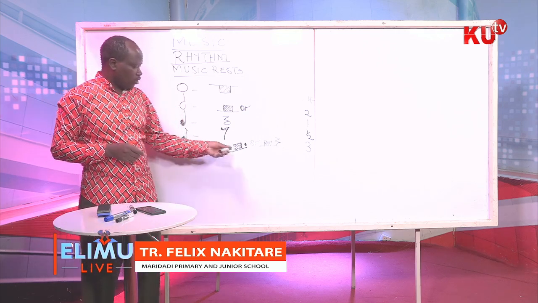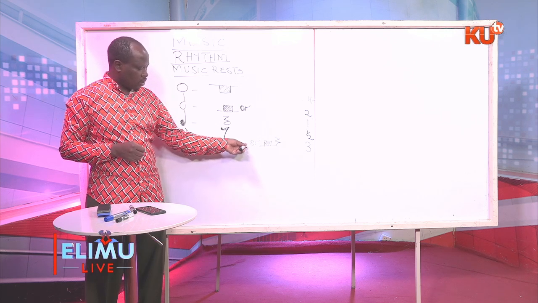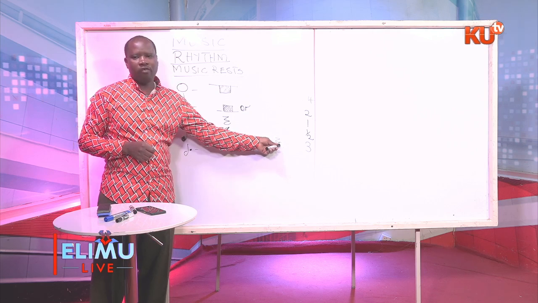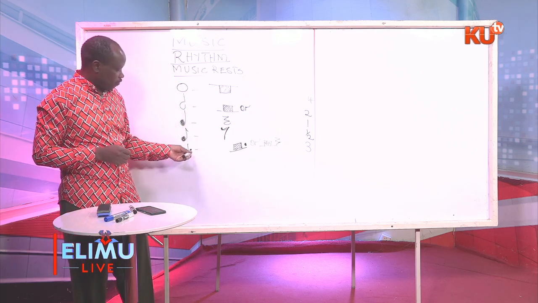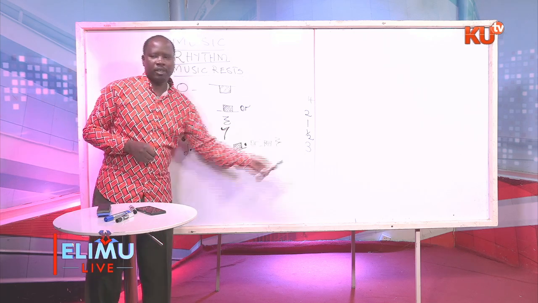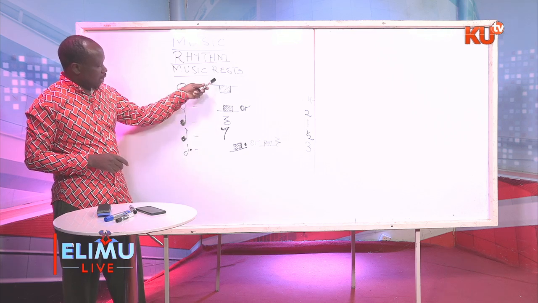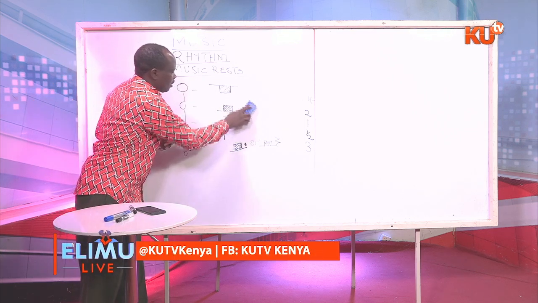So you can draw your minim rest and a dot, or your minim rest and rest of a crochet. That becomes a dotted minim for the note and for the rest, equivalent to 3 beats. So these are the rests that you are supposed to draw.